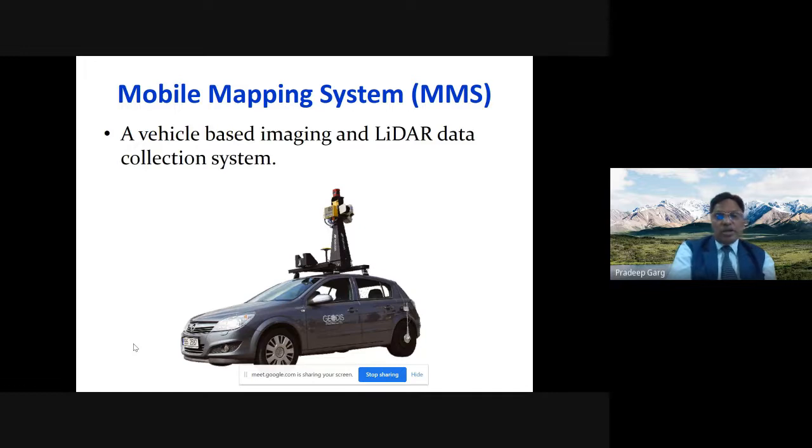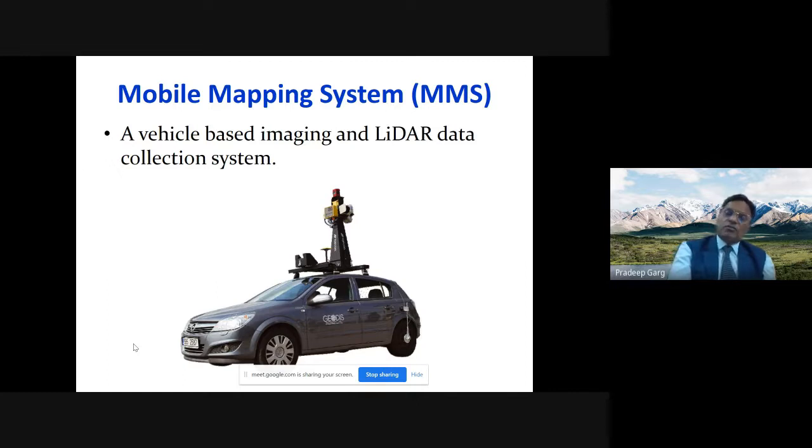This is a normal vehicle, but on top of it, in place of the luggage carrier, you have a carrier which can mount your instruments, LiDAR based instruments, cameras or GPS devices, so that you move the vehicle and collect all that data while you are moving.